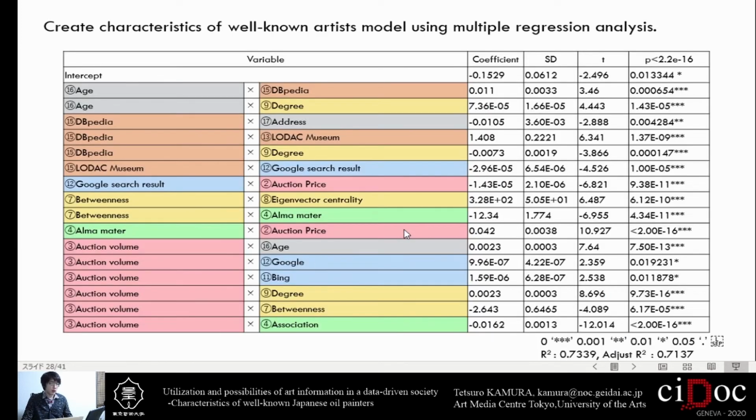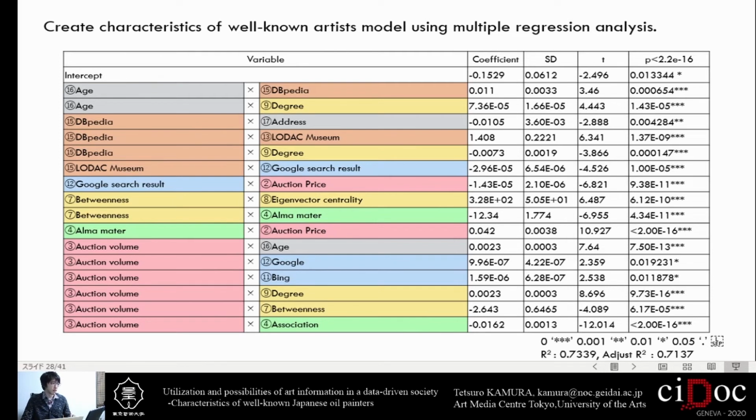This table shows the model of evaluation price. We created a characteristics-of-well-known-artists model using multiple regression analysis. As a result, we obtained 13 different variables and a 0.7 adjusted coefficient of determination.